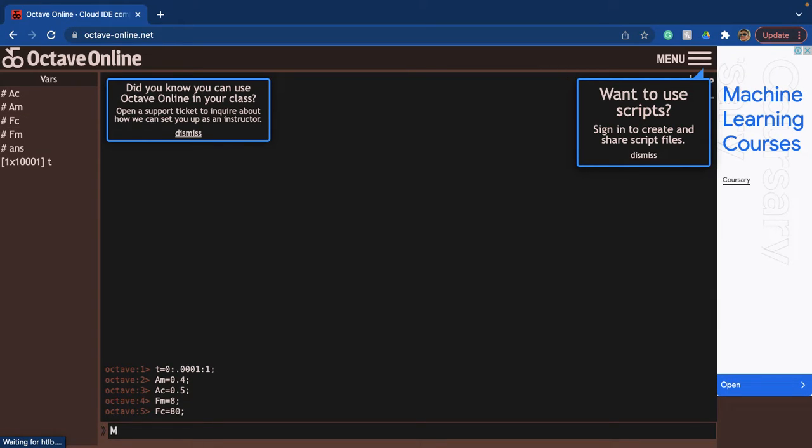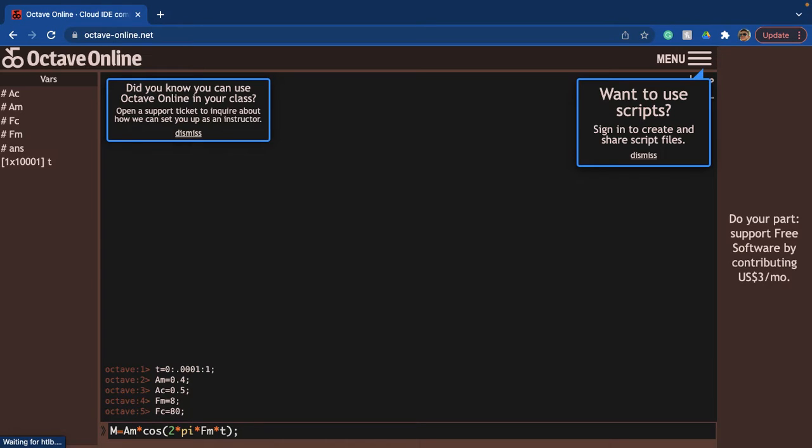Let my modulating signal M be equal to AM into cos of 2 pi FM T. The train of pulses is given by C equal to AC square of 2 pi FC T. This is a square wave which varies from plus AC to minus AC.